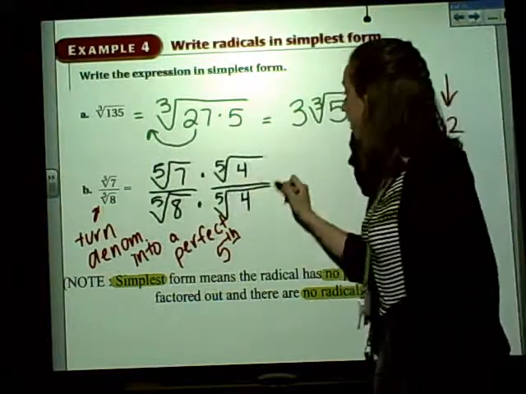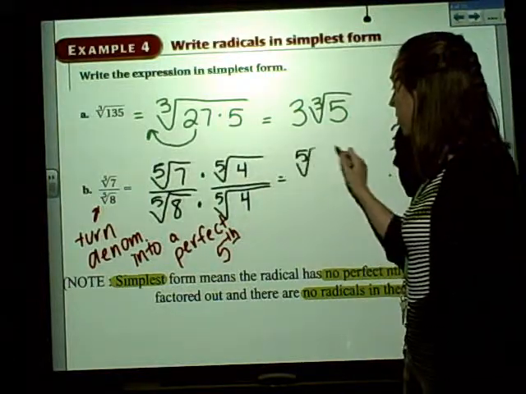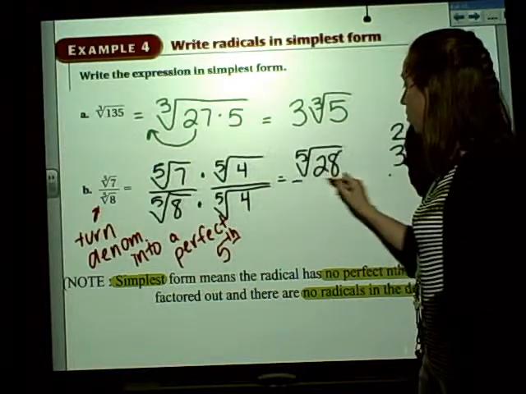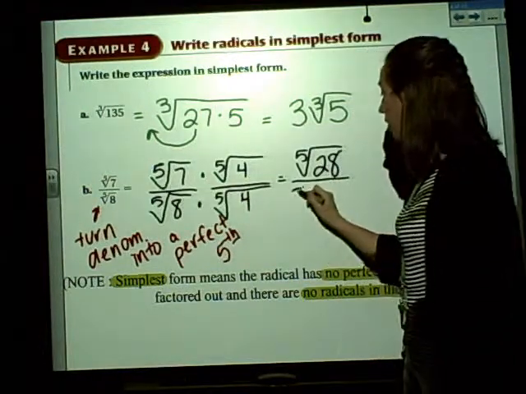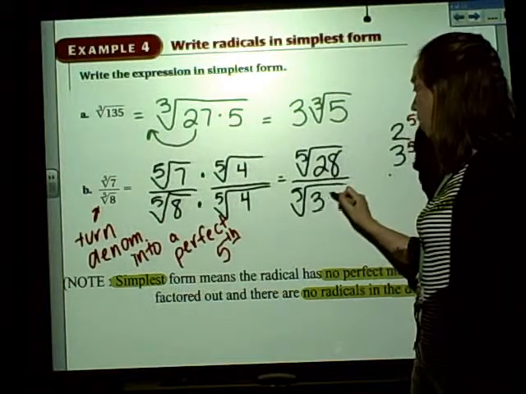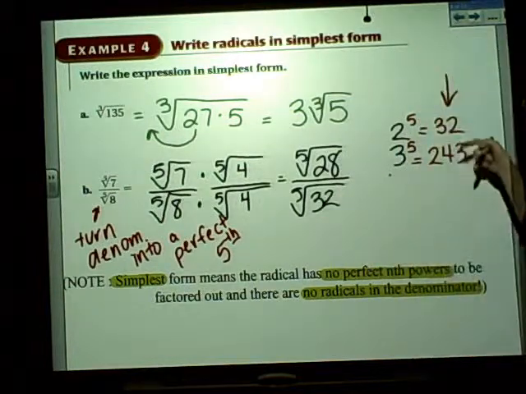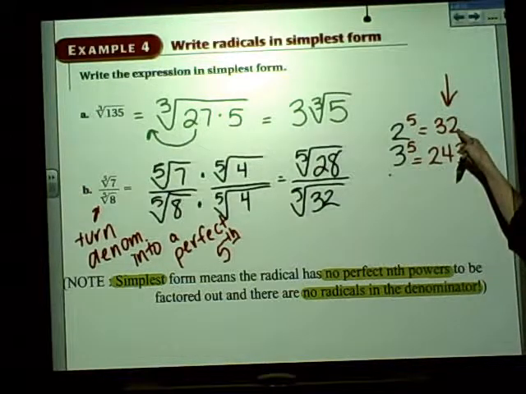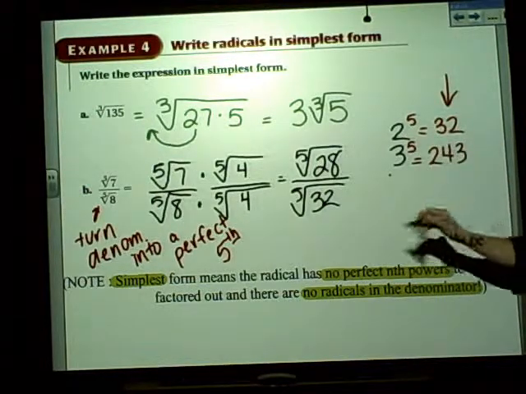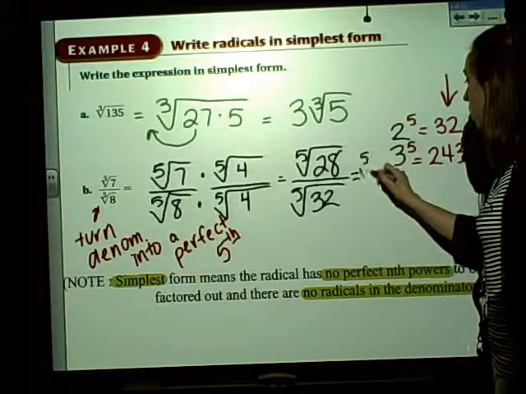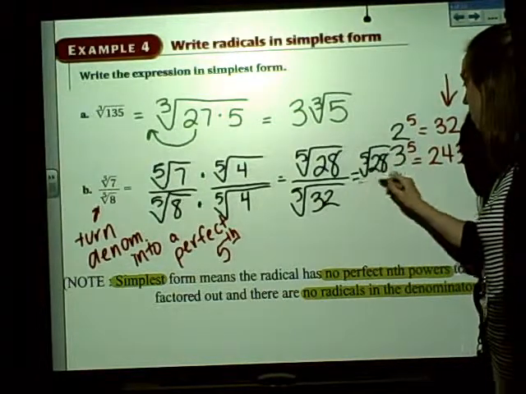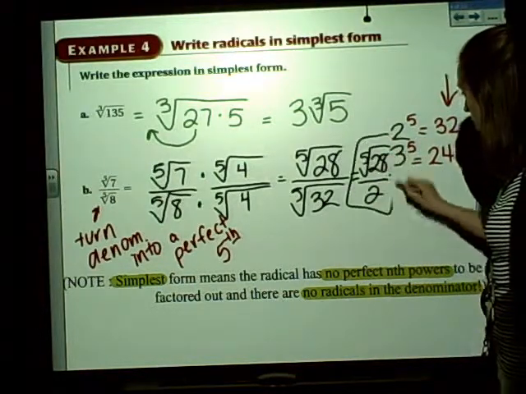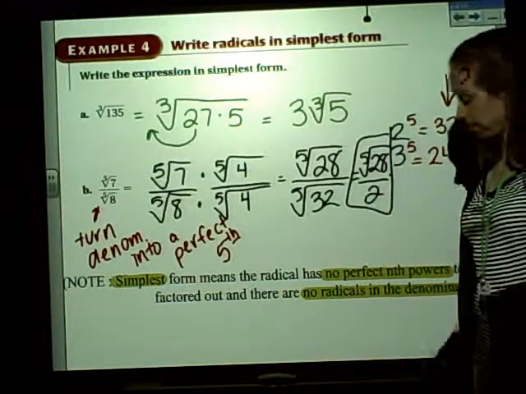When I multiply straight across the top, I get the fifth root of 28. When I multiply across the bottom, I do get the fifth root of 32, which, because I was smart and I wrote out my perfect fifths, I know right away that the fifth root of 32 is 2. So there's your answer.